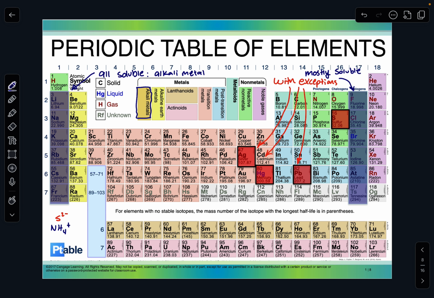Most of the halogens are going to be soluble as well. And so this would be a reactive nonmetal, but I'm not going to circle that because it doesn't actually just say halogens. If you have one of these, the silver, mercury, or lead, then we will not have something soluble.